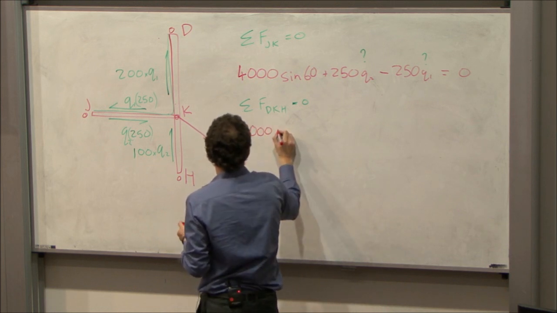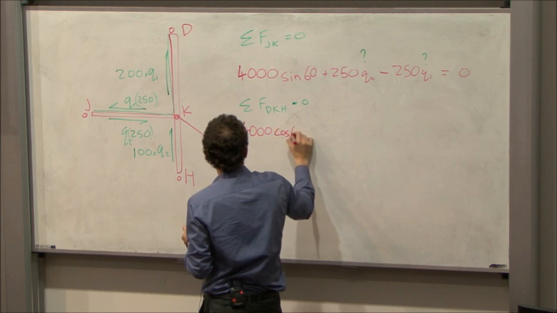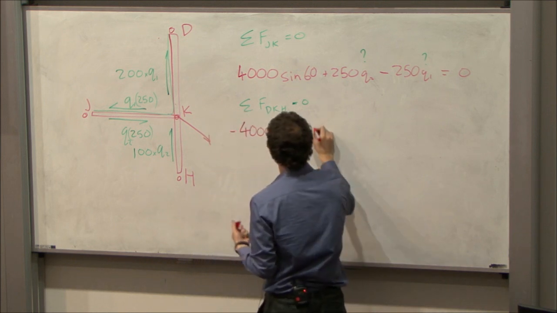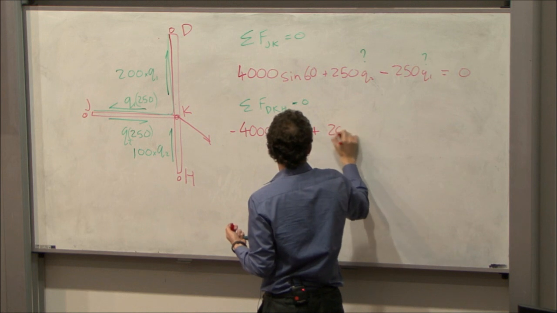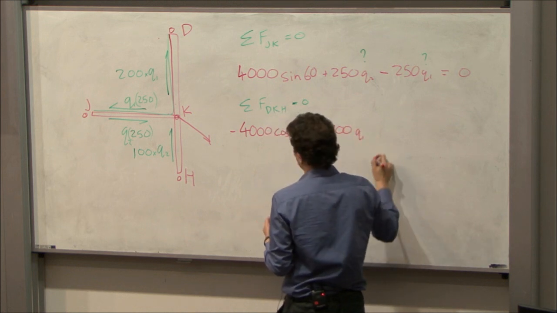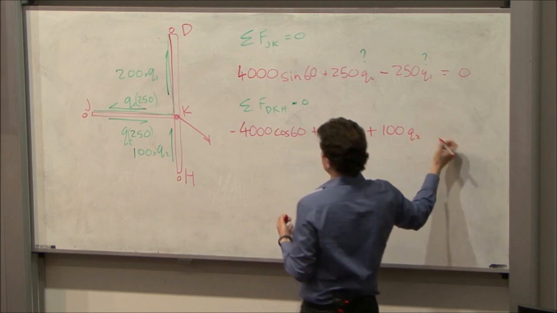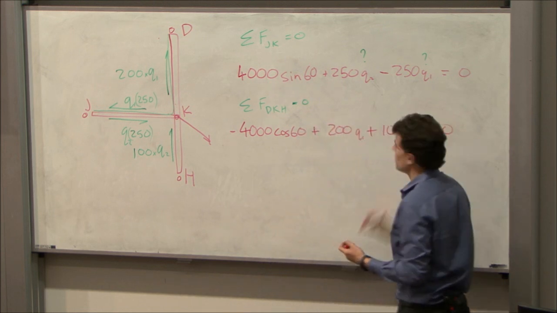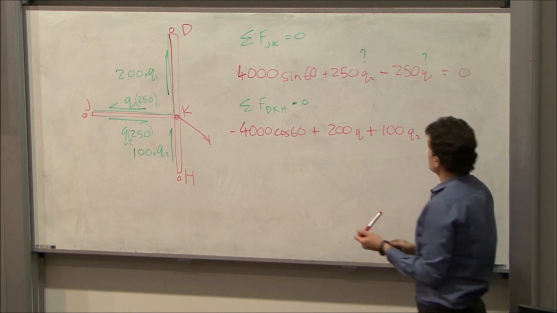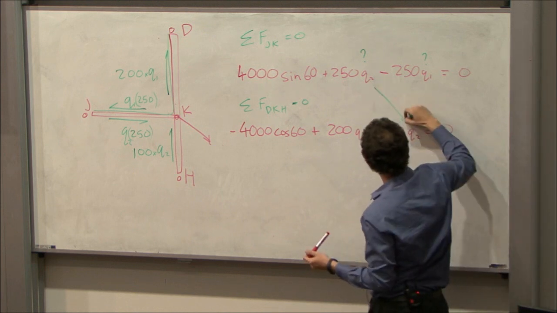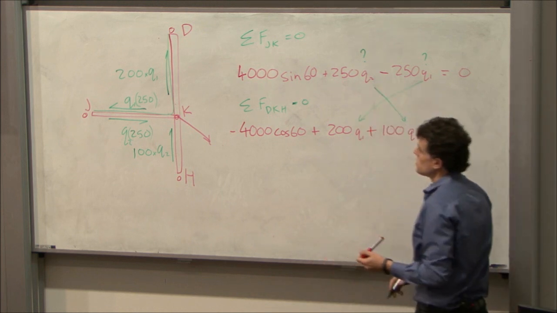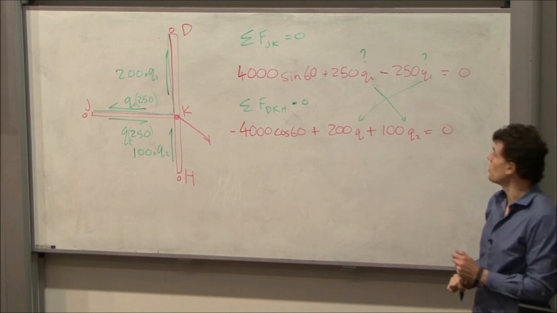Minus 4,000 cos 60 plus 200 Q1 plus 100 Q2 equals 0. So again, we've got the same set of unknowns here. So two equations, two unknowns, we can solve.